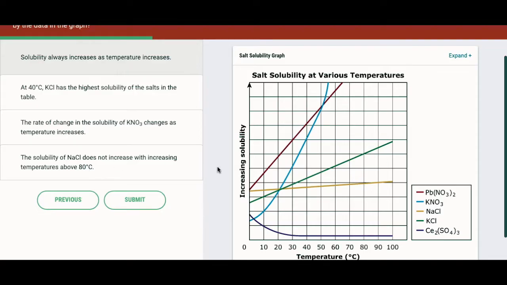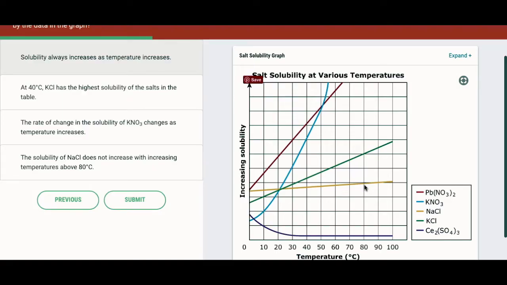So again, let's find 80 degrees Celsius on our chart. This answer choice is in regards to NaCl, which is the gold line. So here's the 80-degree temperature, and we find NaCl right here. We can see that the solubility does increase above 80 degrees, right?